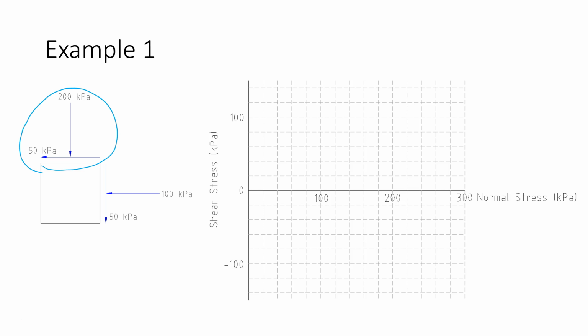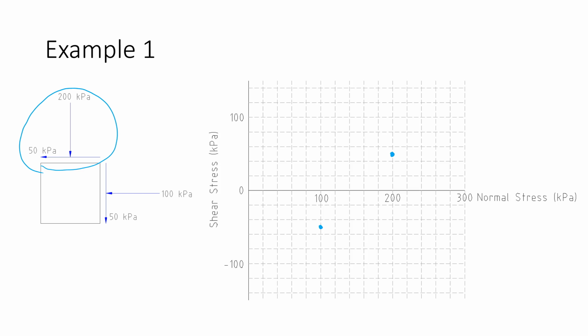So I go over here and plot it at 200 and plus 50. I get one point on my Mohr circle, and then the other point is at 100 and negative 50. The shear stress is negative because it would cause a clockwise rotation.